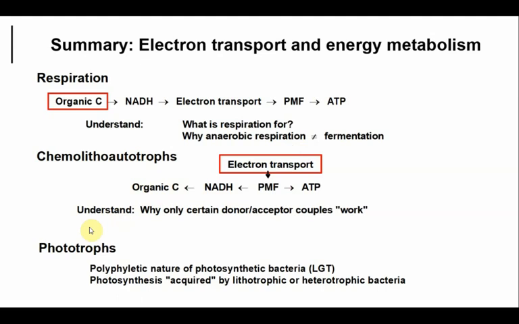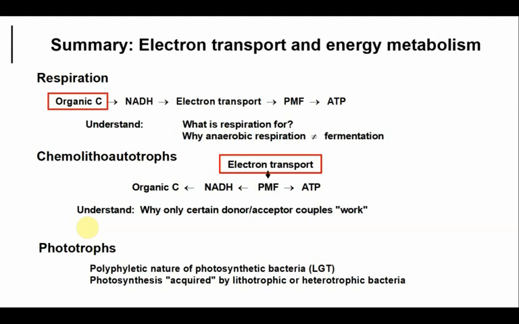And the tricky thing here, as we saw, is to understand which donor-acceptor couples can work. And very often it depends on whether you've got molecular oxygen present or not. And then finally, for phototrophs, understanding the biochemistry of photosynthesis takes a few lectures in plant sciences anyway, so we're not aiming to get the same level of understanding here.